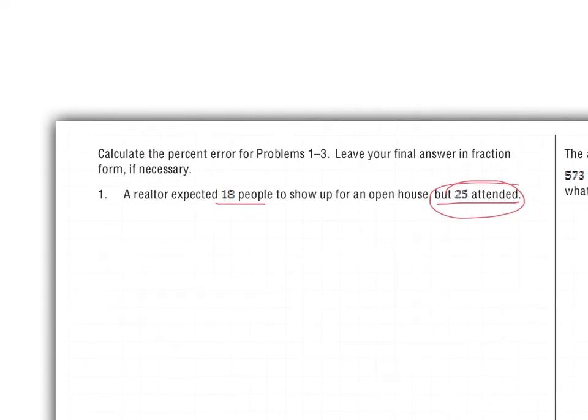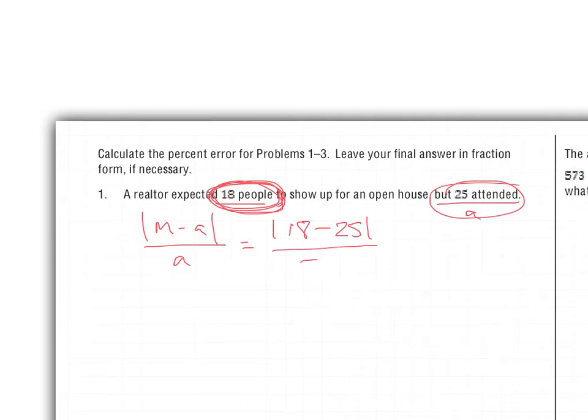So when we set our expression up, our actual is 25. Our measurement or our guess was 18 people. And our actual was 25. And so our equation should set up like this.